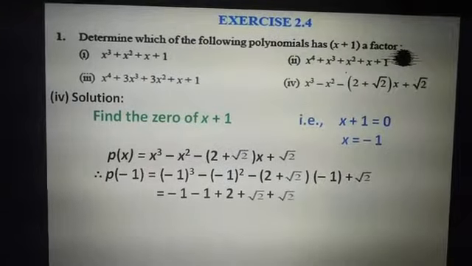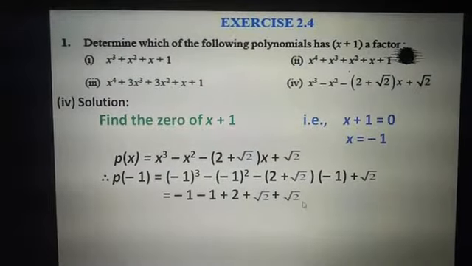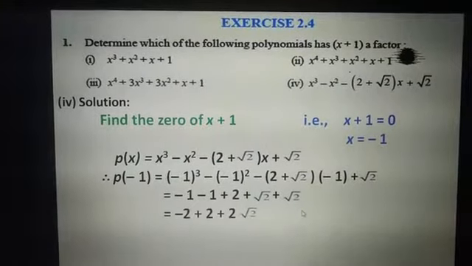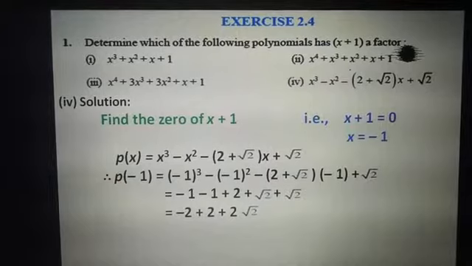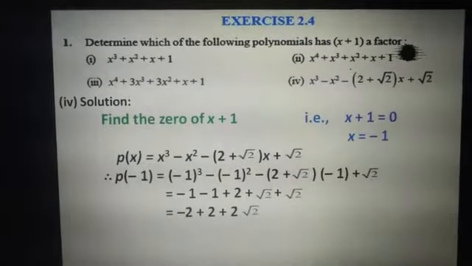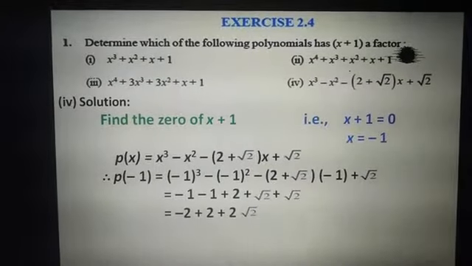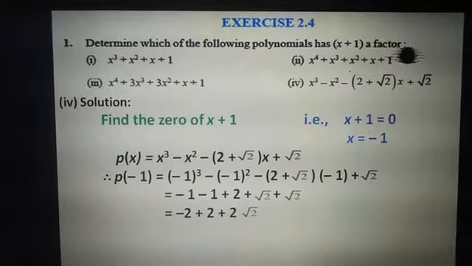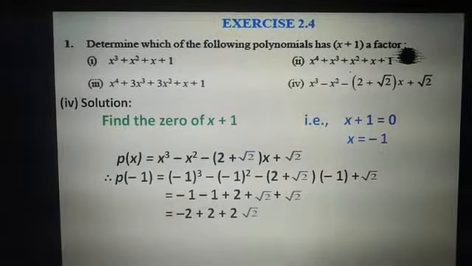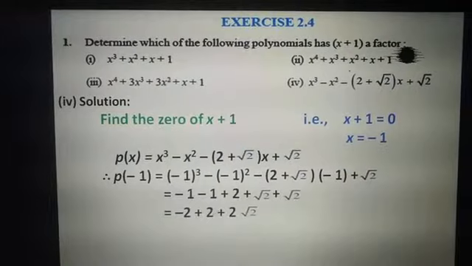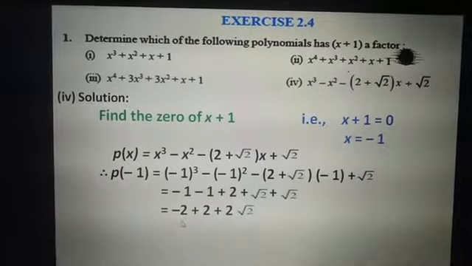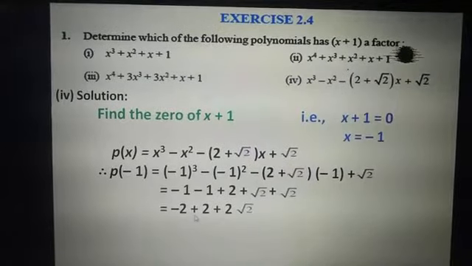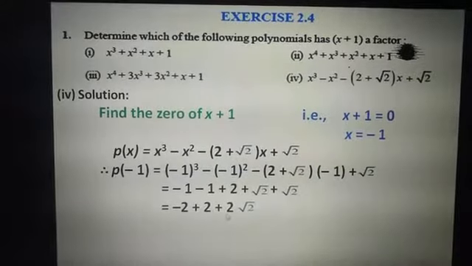Next, here 1 plus root 2 is there. So, plus root 2. Now, minus 1 minus 2 plus 2 plus root 2 plus root 2. Root 2 plus root 2 is 2 root 2. That's why here, see, minus 1 minus 1 minus 2, and root 2 plus root 2 is 2 root 2. Therefore, minus 2 plus 2 plus 2 root 2.